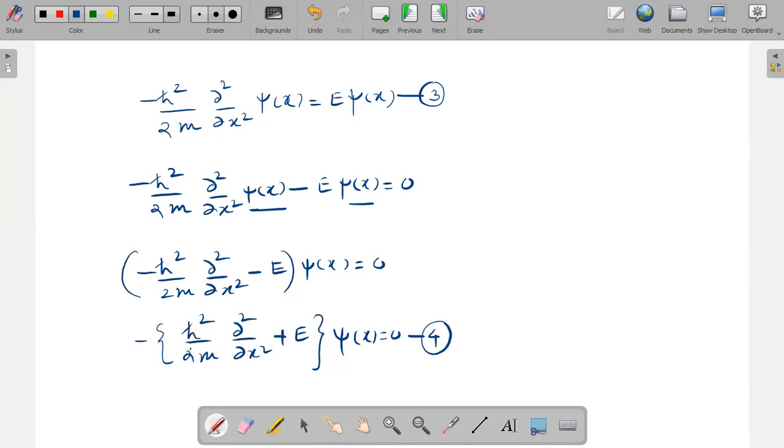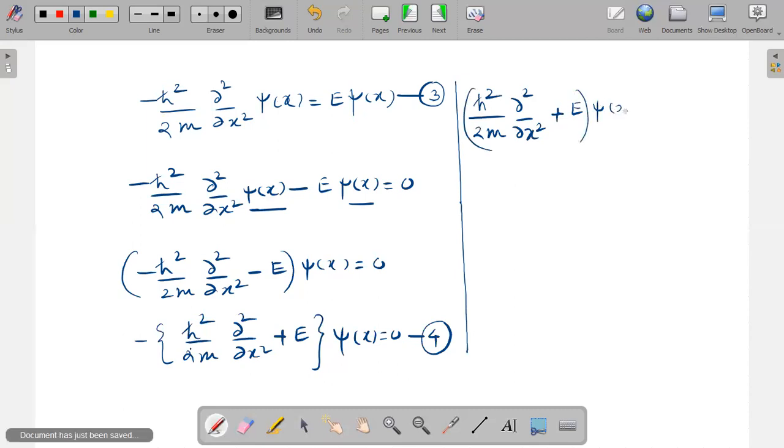Now equation 4 can be written by multiplying minus 1 to the LHS as well as the RHS. We can write h cross square upon 2m, delta square upon delta x square plus E, acting on psi of x, equal to 0.